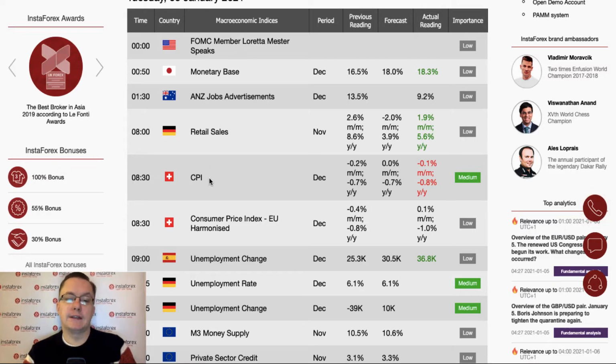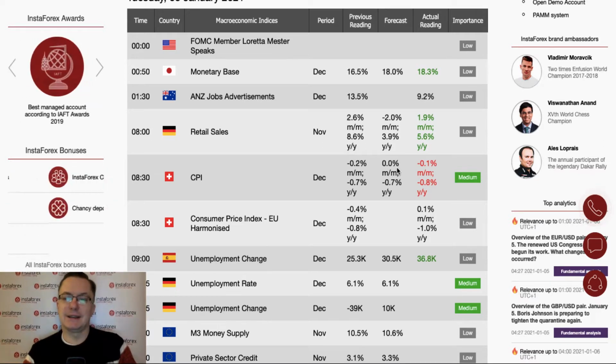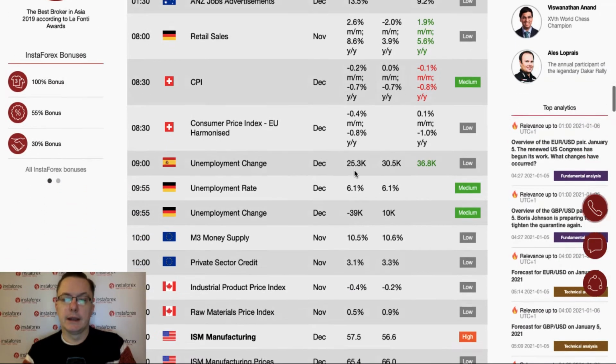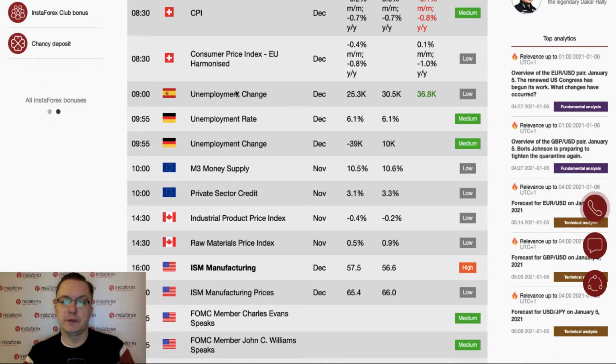CPI from Switzerland was worse than expected, minus 0.1% versus the 0% forecast, and was minus 0.2% last month. We got a bunch of data from the European Union regarding the labor market, unemployment change and unemployment rate from Spain and from Germany. They are going to be released at 5 minutes to 10.